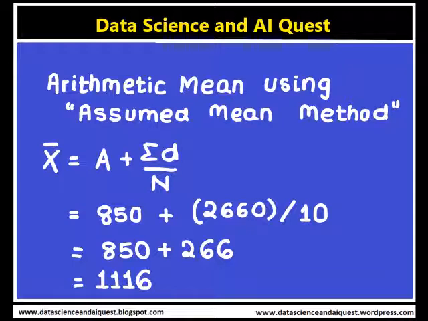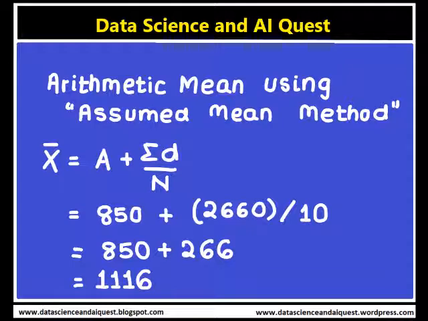The assumed mean is 850, the summation of all the deviations comes to 2660, and the total number of observations is 10.